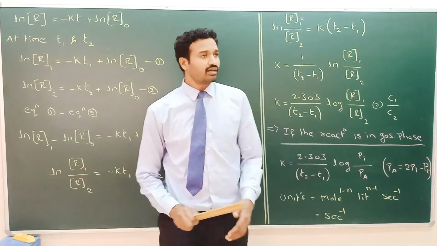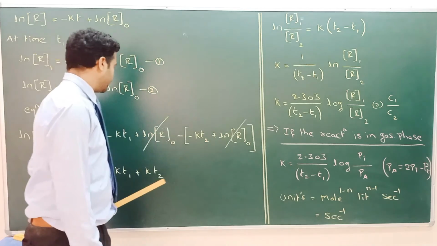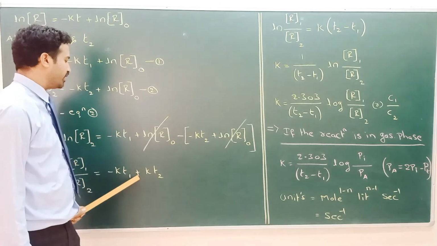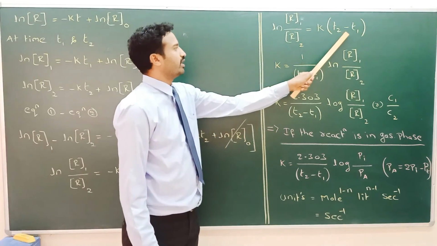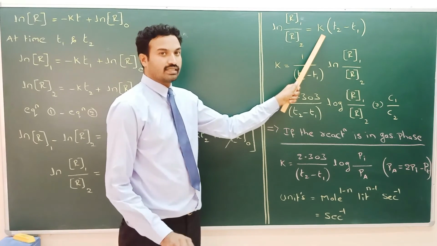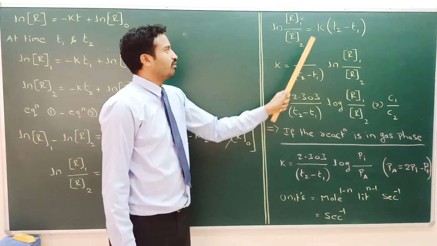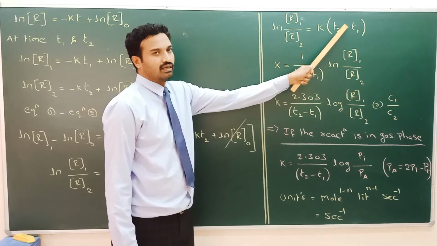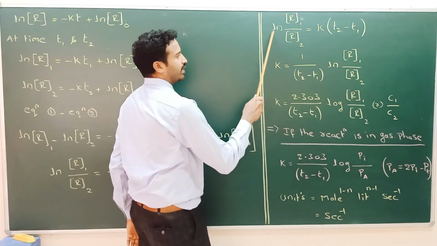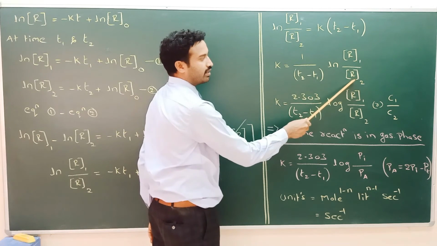Then ln R1 by R2 is equal to K into T2 minus T1. Next, we calculate the rate constant of a first order reaction at two different times. K is equal to 1 by T2 minus T1 into ln R1 by R2, where R1 is the reactant concentration at T1 time and R2 at T2 time.